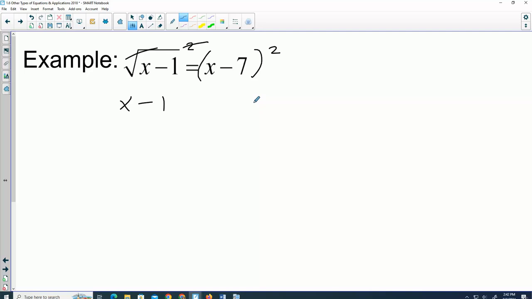But how do I do x minus 7 squared? Yes, we have 2 of those. So we have to think of that as writing it twice and FOIL. So if I did that, I get x squared minus 7x and minus 7x would be minus 14x. Negative 7 times negative 7 is positive 49.